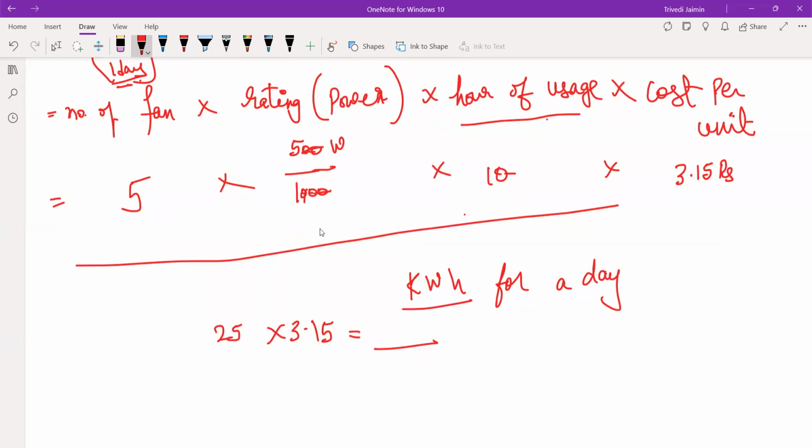So how much is it? 25 into 3.15. So you're paying 78 rupees for a day if you're using 10 hours.